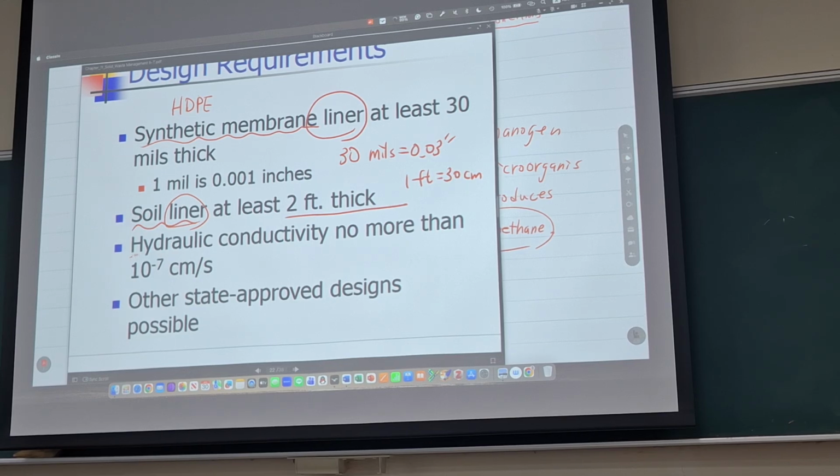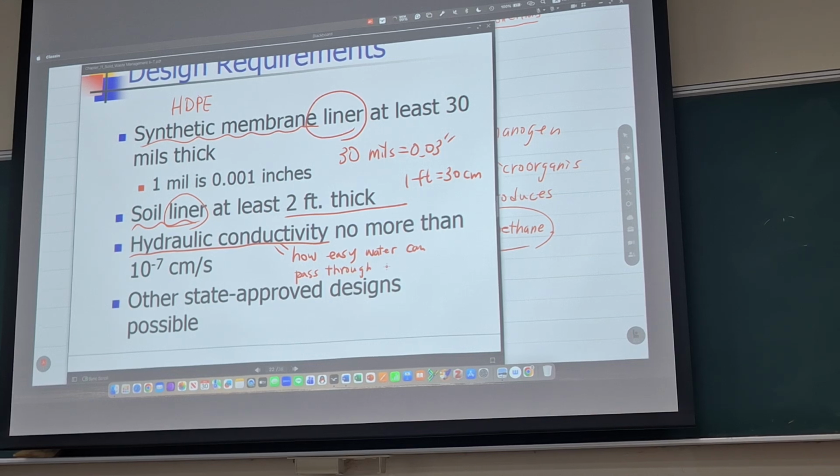Okay, so hydraulic conductivity means how easily water can pass through a material. Okay, hydraulic means water, right?